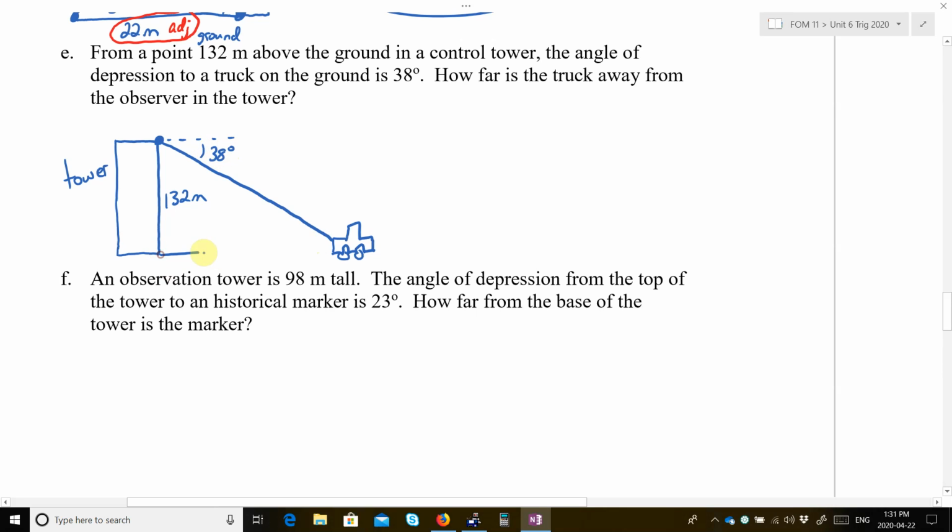And then this completes our triangle, so there's our 90 degrees. And it wants to know, how far is the truck away from the observer in the tower? Okay, so it actually wants to know the straight line distance from the truck up to the person in the tower. So it wants to know this length x right here.